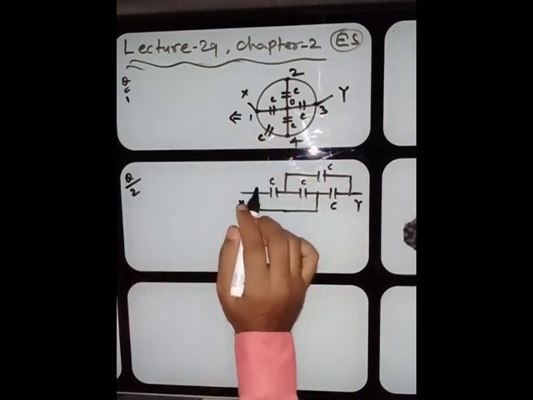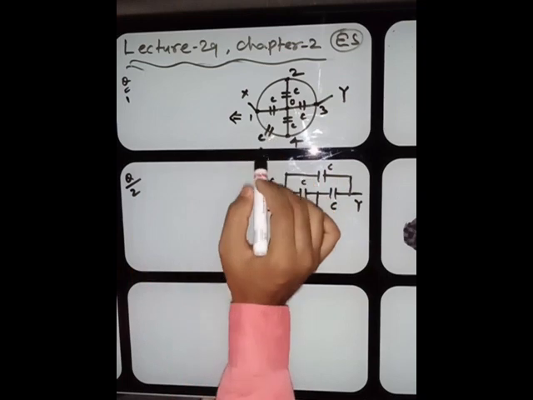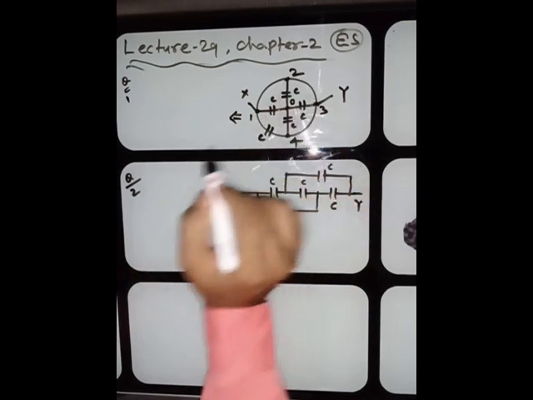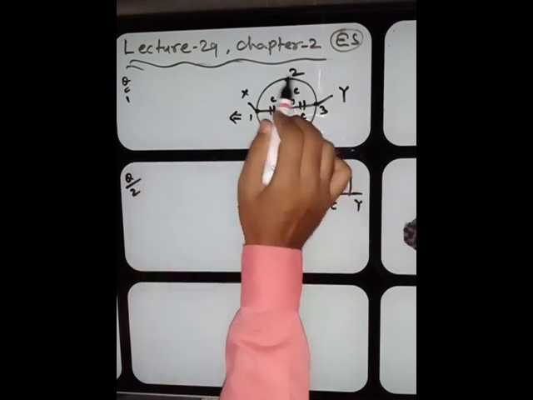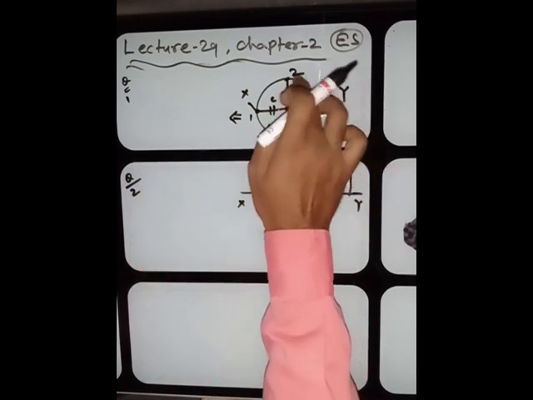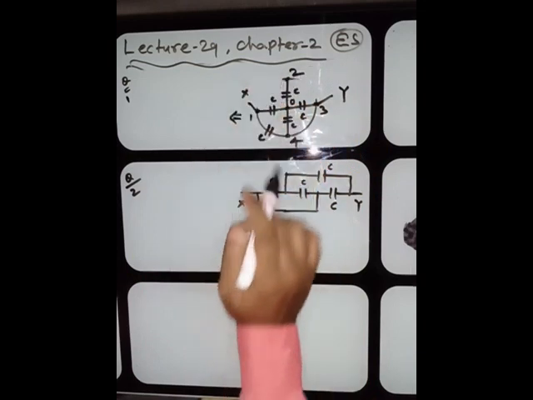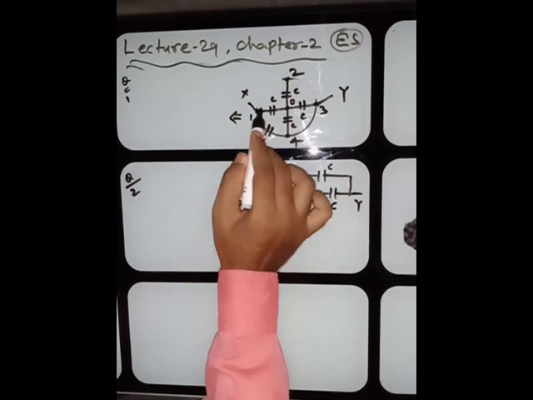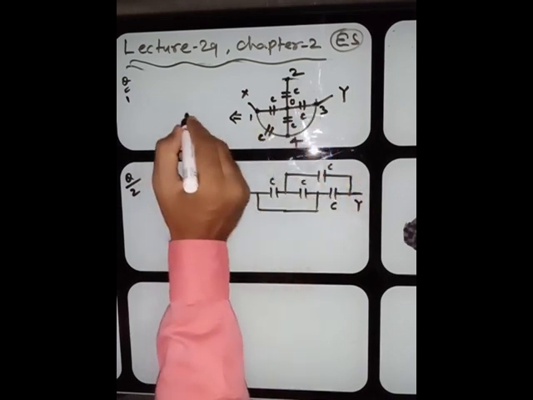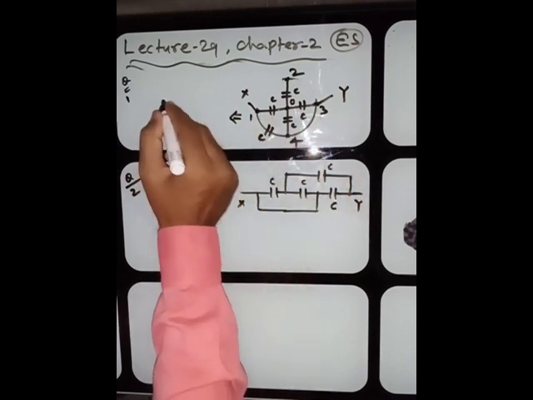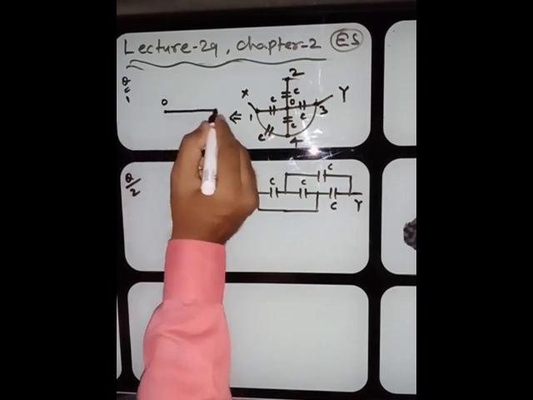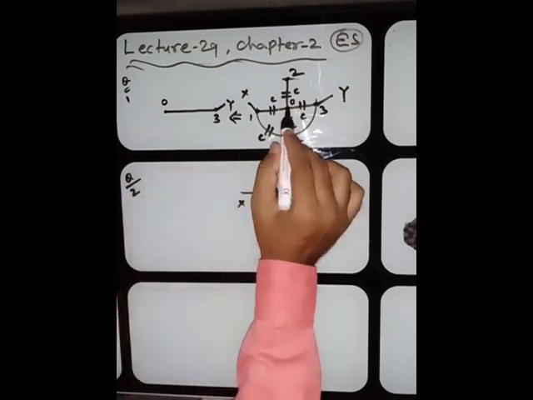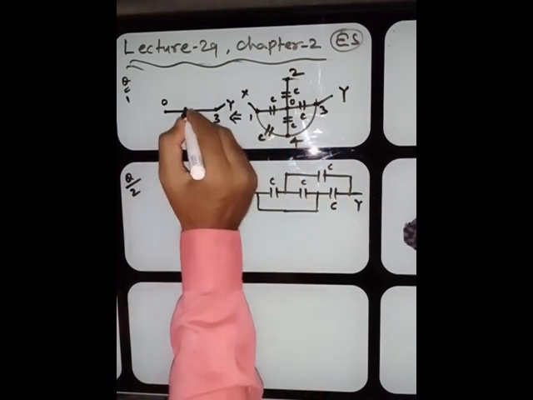Look carefully. The circuit will look like this if you bring points 1, 2 and 3 to the same position. I am cutting out these conductors, putting 2 at the position of 3 and putting 1 at the position of 3. This is the point O and this is the point 3, which is Y. Between O and 3 you have a capacitor.